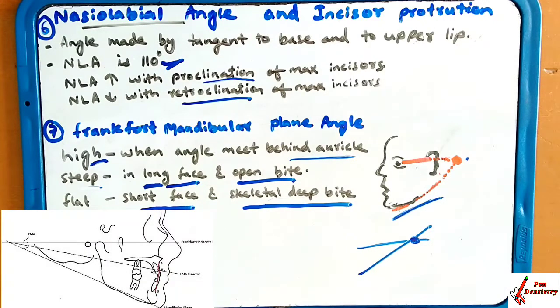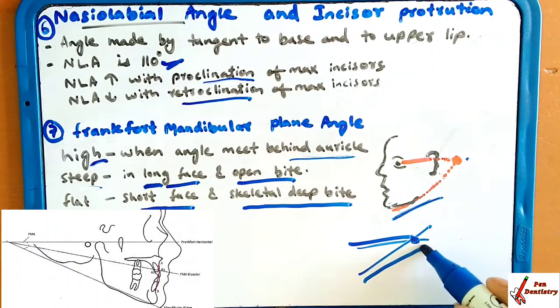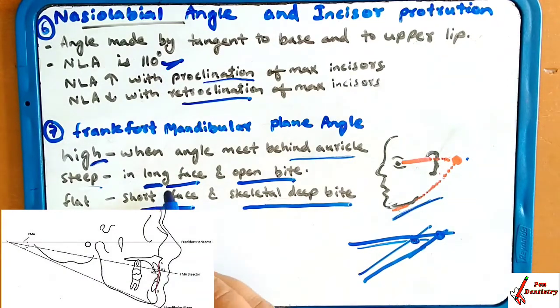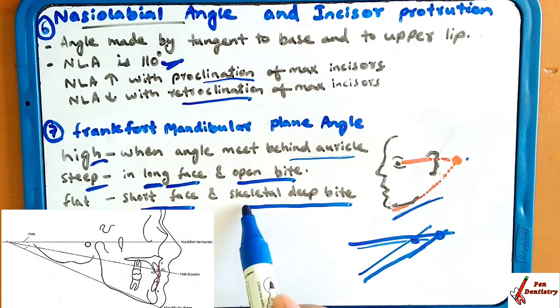The plane angle measurement is done by the Frankfurt horizontal plane and the mandibular plane. When they both meet together, they form a high, steep or flat mandibular plane. When the face is long and open bite is present, the angle is steep. When the face is short and skeletal deep bite is present, the angle is flat.